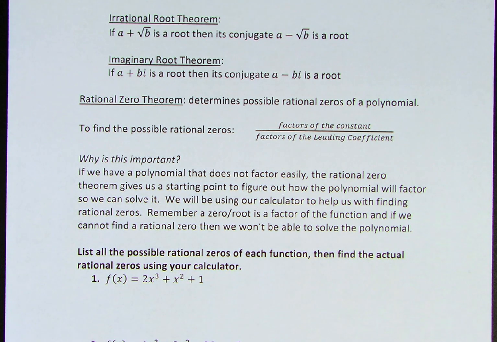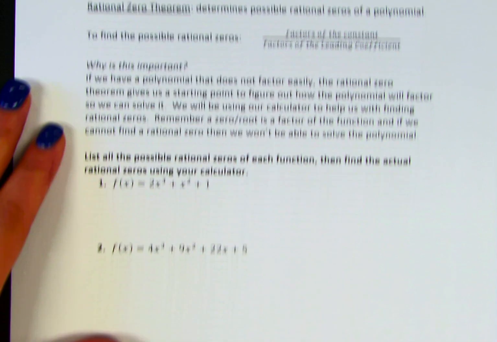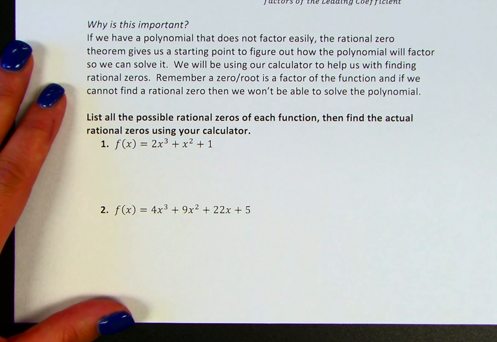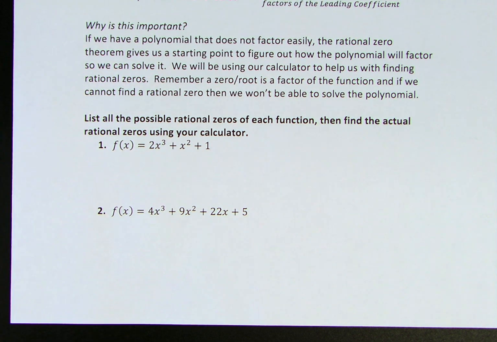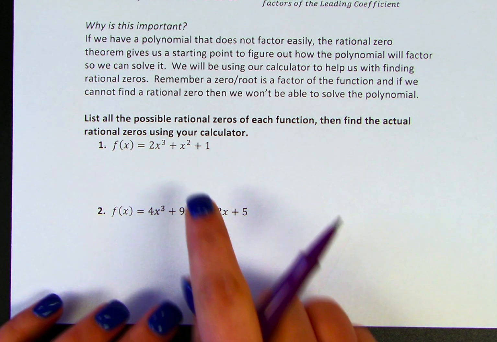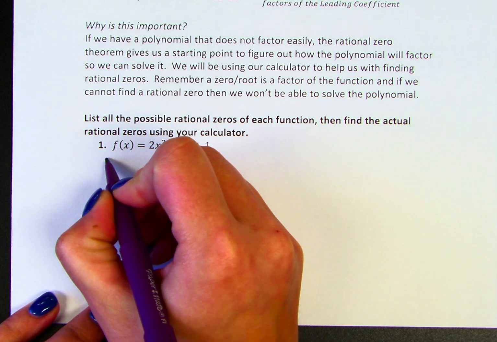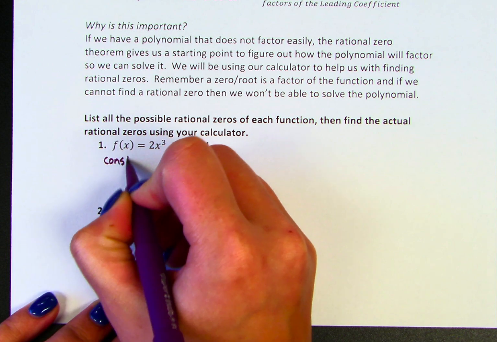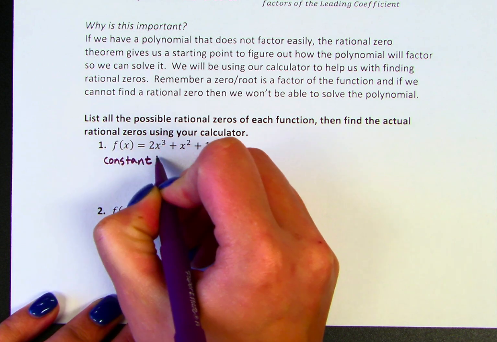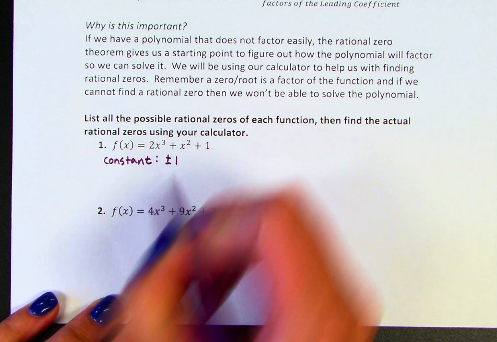Okay. So we're going to take the factors of the constant divided by the factors of our leading coefficient. So that's what we're going to practice next. As I'm looking at this, the 1 is the constant. So all the numbers that multiply to be a 1 would be a positive and a -1.